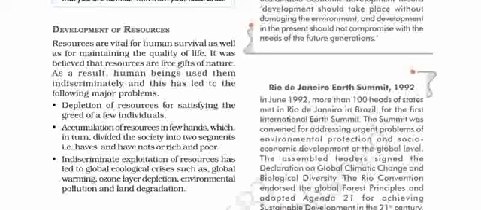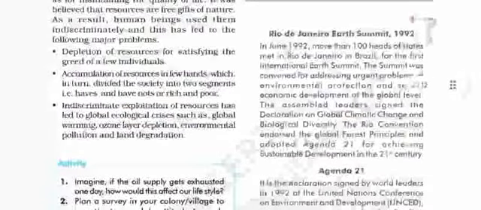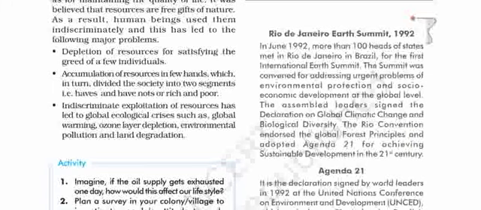The assembled leaders signed the Declaration of Global Climatic Change and Biological Diversity. The Rio Convention endorsed the Global Forest Principles and adopted Agenda 21 for achieving sustainable development in the 21st century.